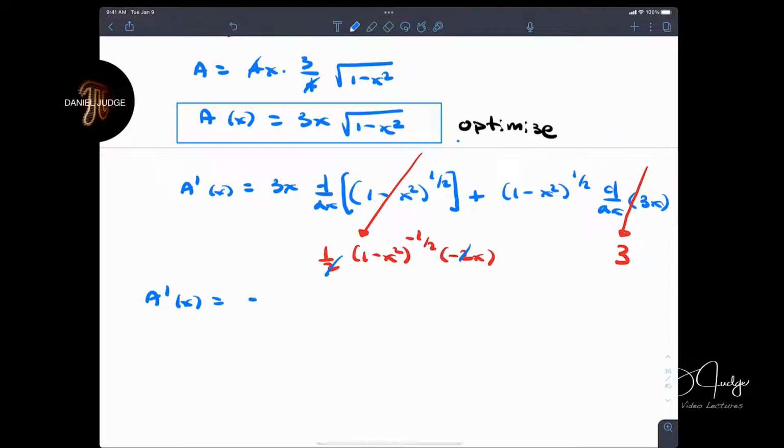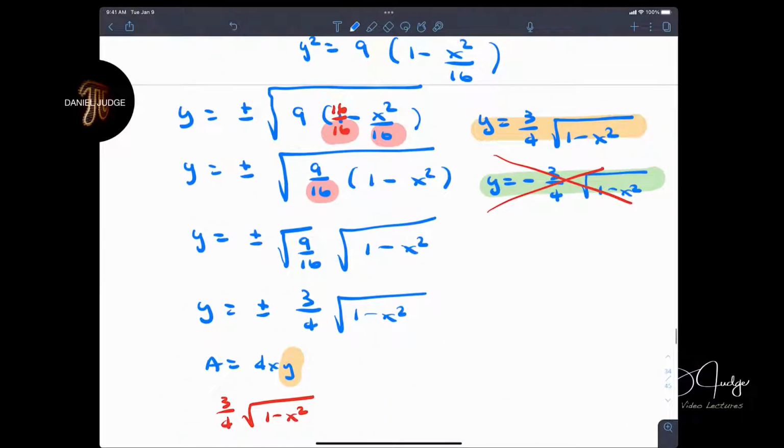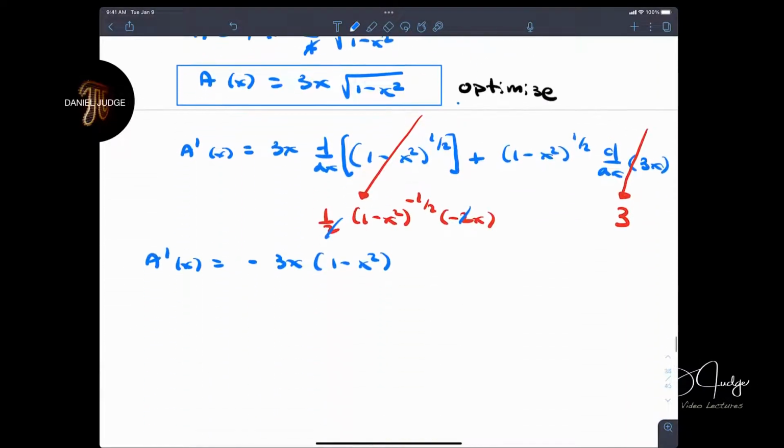So we're going to get negative 3x times, and I think, yeah, let me double check here. We're okay. Negative 3x times here, let's be careful. And then it'll be plus 3 times 1 minus x squared to the 1/2.